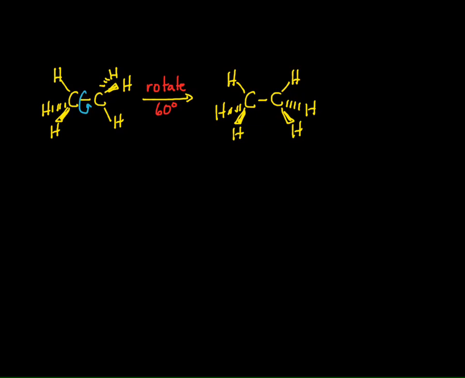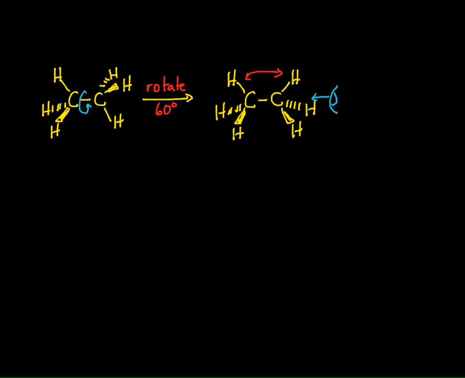And if we examine this structure, so there's my little eyeball, and I'm examining this structure down the carbon-carbon bond. What I see is that all of the hydrogens are going to be overlapping one another in essence, right?